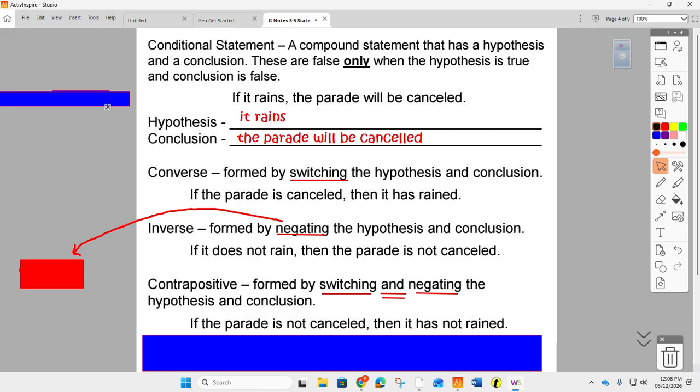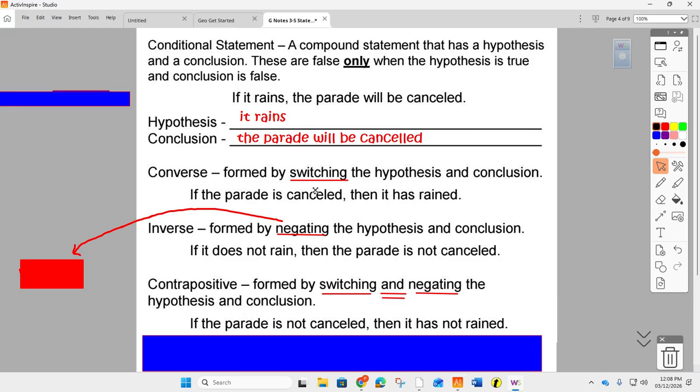You can write the converse, the inverse, and a contrapositive of conditional statements. So that's what we're going to be talking about now. If we were to write the converse of a statement, we're just going to be switching the hypothesis and the conclusion. So make sure you underline or circle or highlight switching.